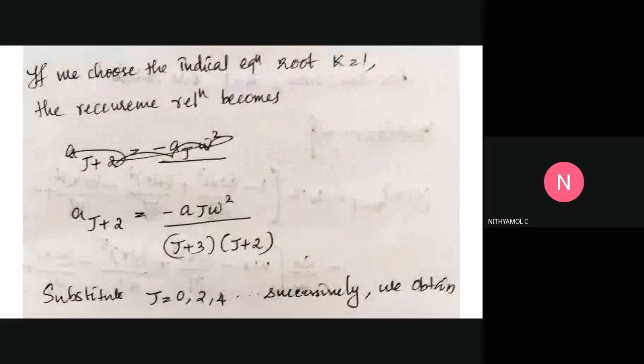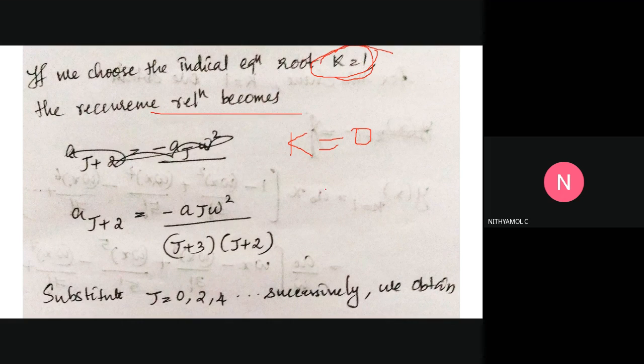Okay, and now we choose the indicial equation root k is equal to 1. We already saw the solution for k is equal to 0, but we have 2 roots, that is k is equal to 0 and k is equal to 1. So now we can find the solution for k is equal to 1. In the recurrence relation we put k is equal to 1.